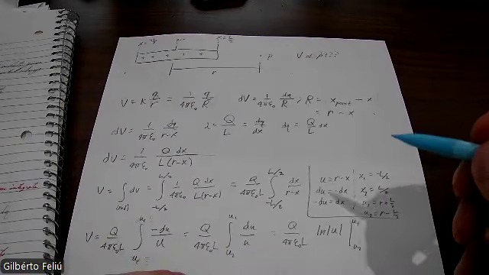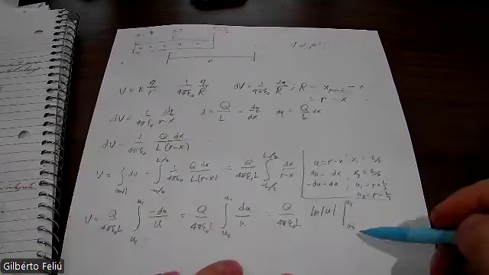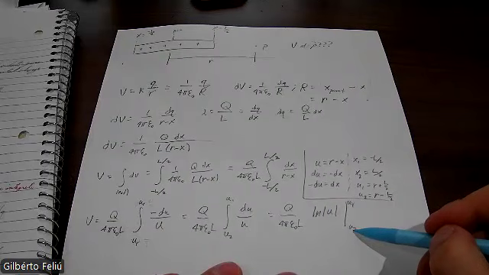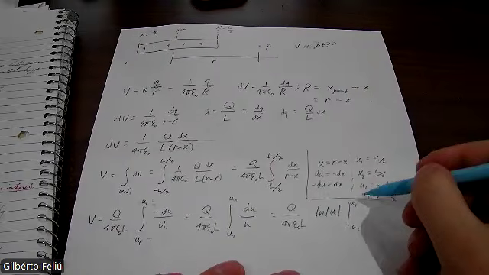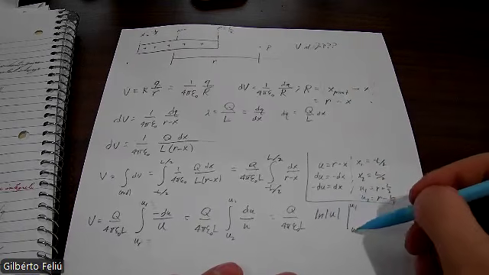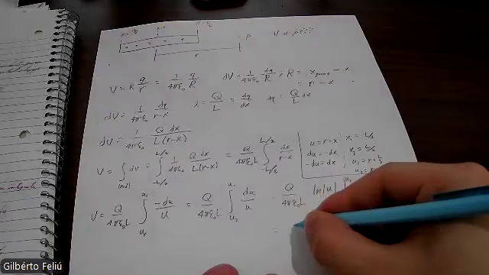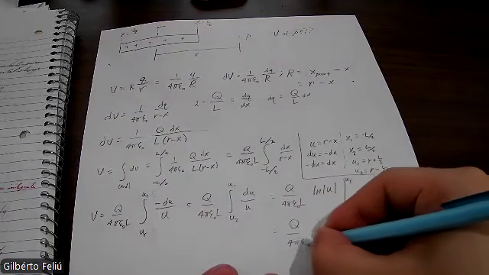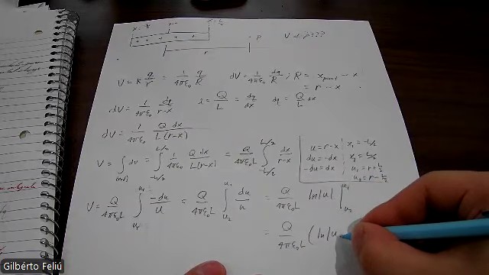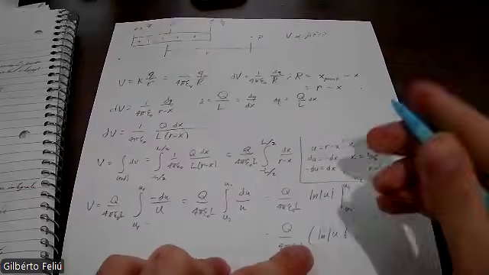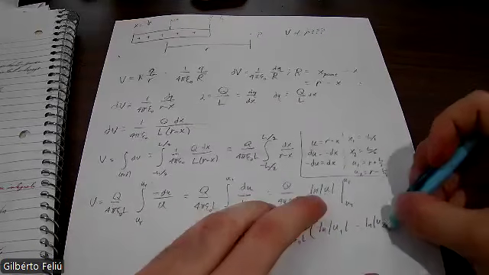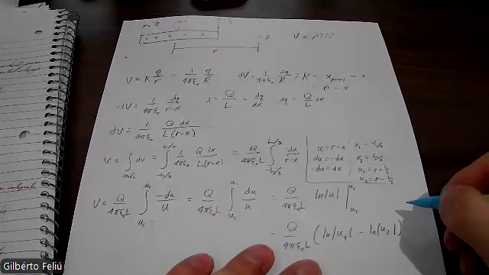What this means, in case anybody forgot, is you take this, evaluate it at the top bound, and from that you subtract this same thing evaluated at the bottom bound. So, in other words, this, and minus this.